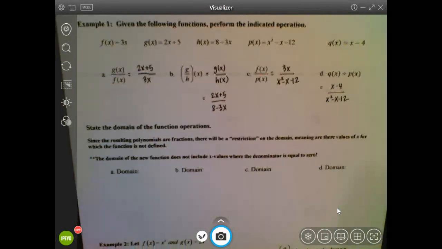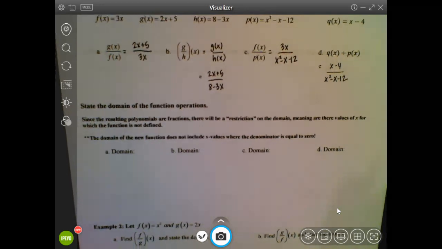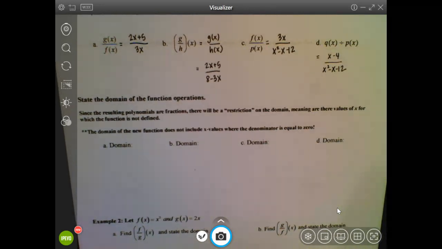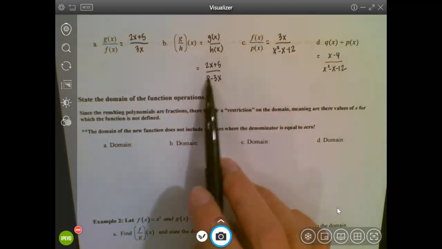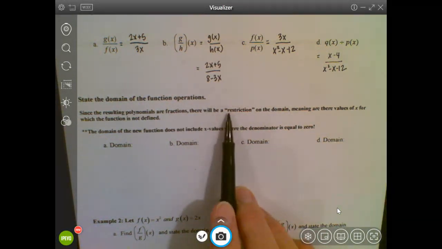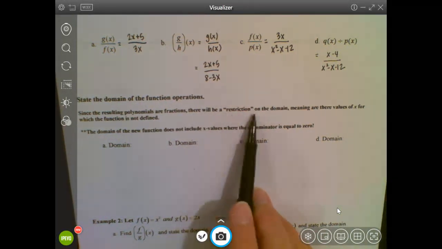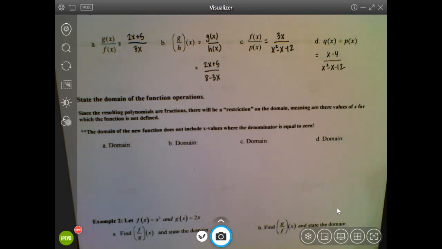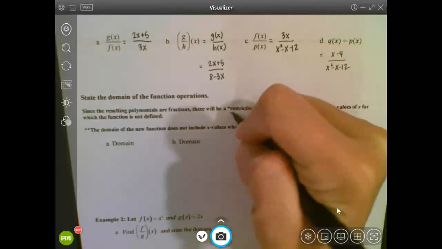Something that is going to be different for these types of problems is that we're going to have some domain restrictions, meaning that when we go to write a domain of a divided function, we have to be careful about what's going on in the denominator, because we know that in the denominator of a fraction, we can never have a 0. So that means that there's going to be some sort of restriction on the domain, meaning that there's going to be some sort of value that we're going to skip over.